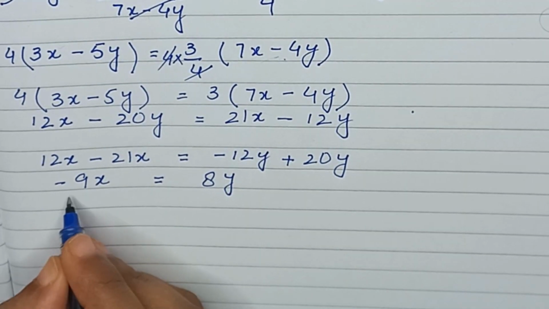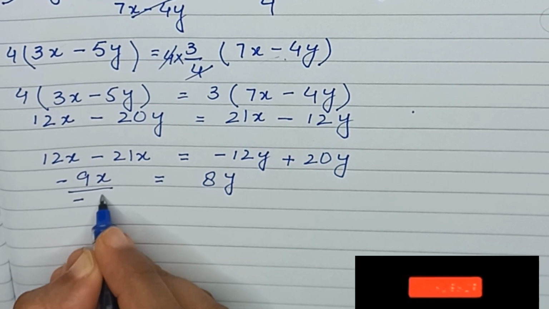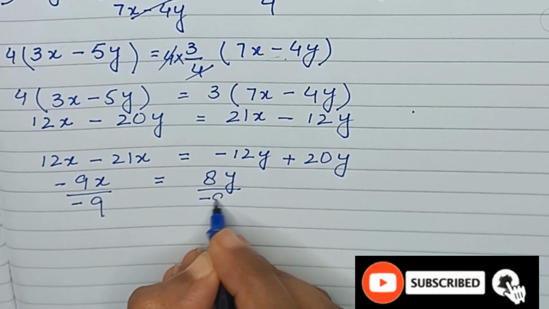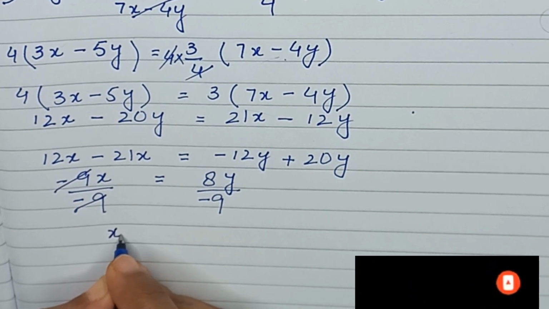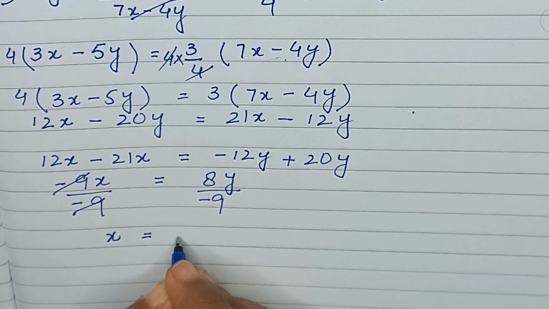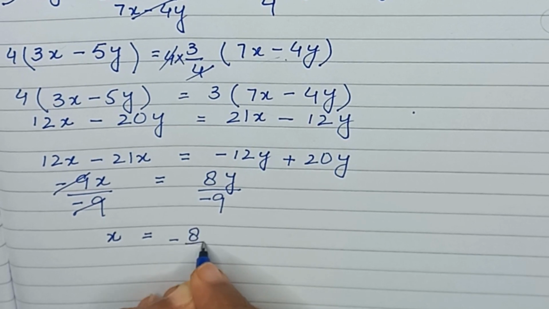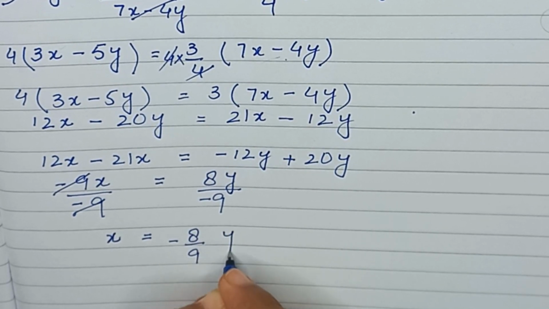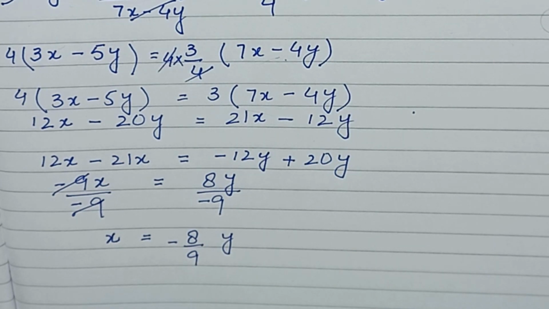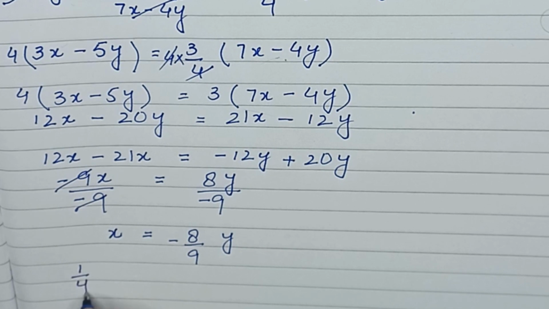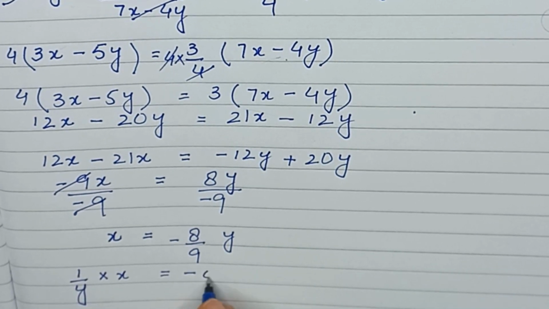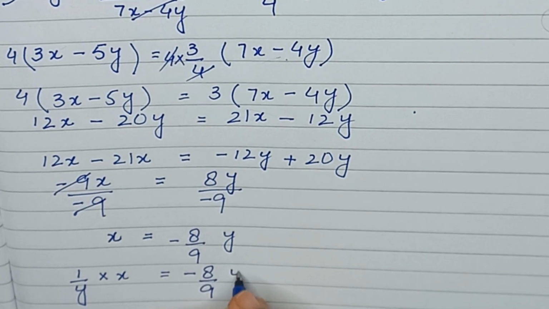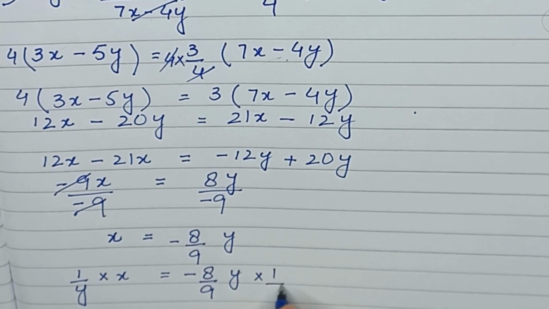Now we will divide both sides by negative 9. So negative 9 and negative 9 will be cancelled out, and we have here x is equal to minus 8 divided by 9, y. Now we will multiply both sides by 1 divided by y. 1 divided by y into x, which is equal to minus 8 divided by 9y multiplied by 1 divided by y.